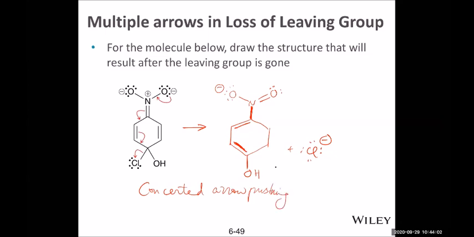You basically have a 4 arrow movement. It happens all at once. So the final, you have this carbon lose a chloride ion. Next semester, in organic chemistry, you will see a reaction like this.